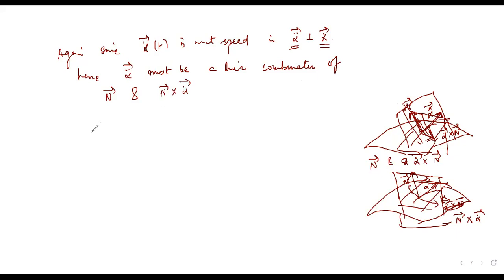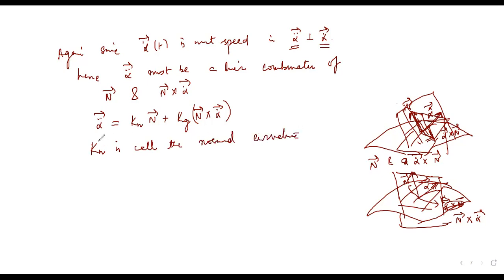So alpha double dot would be some number, let's call it k sub n, times N, plus k sub g times N cross alpha dot. This is what I have. Now k_n is called the normal curvature.